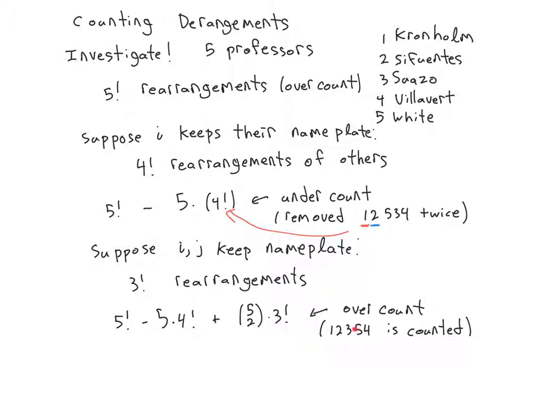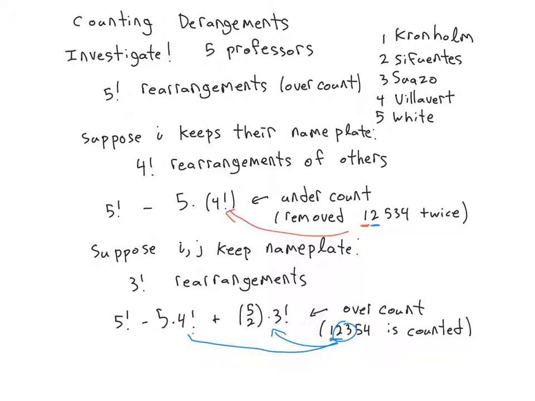But now we run into a problem that we've got an overcount, because let's consider this permutation where Dr. Kronholm, Cifuentes, and Suazo kept their nameplates, and you guys switched me and Dr. Villaverts. And here the problem is any two of these possible numbers that we see in the first part were counted 3 times here.